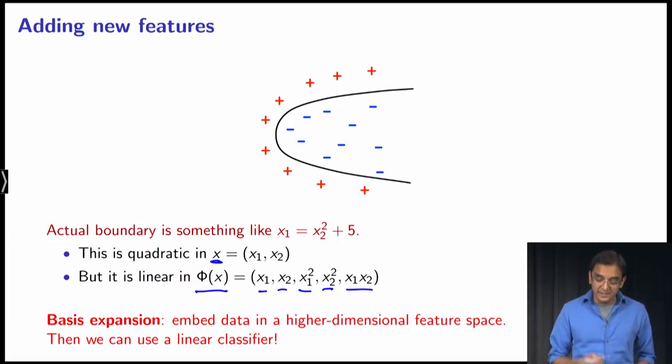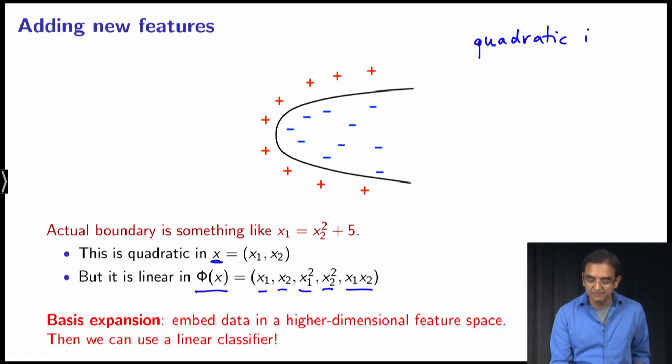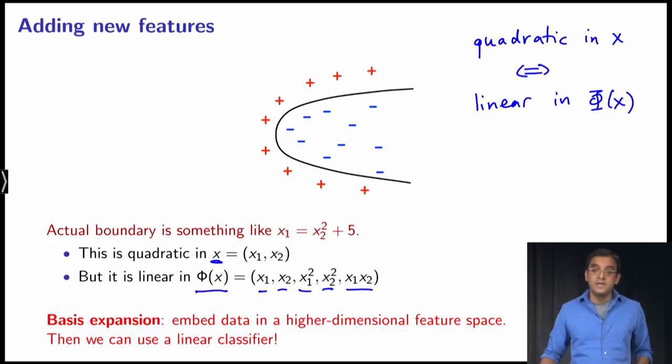Now the reason for doing this is that any boundary or any function that is quadratic in x is also linear in phi of x. And therefore, we can learn a quadratic boundary in the low-dimensional space by just learning a linear boundary in the higher dimensional space of phi of x.